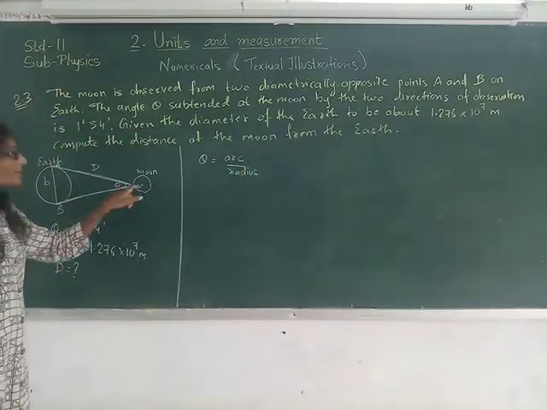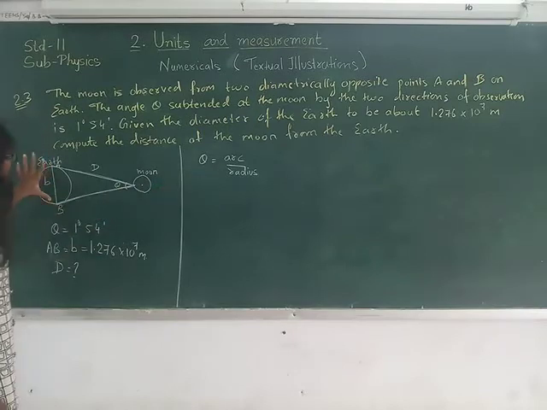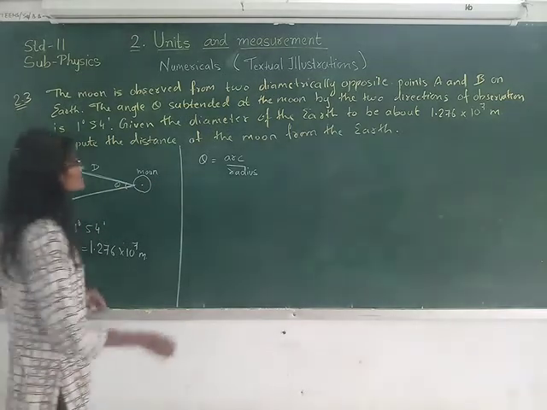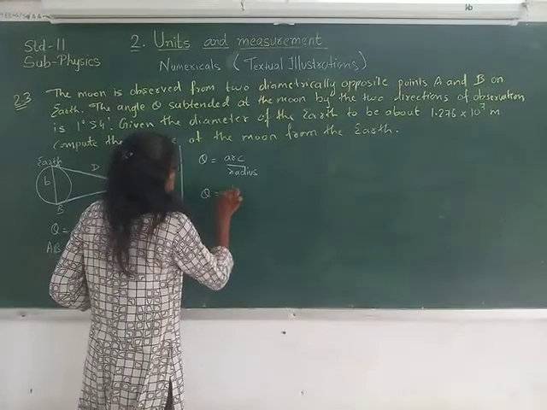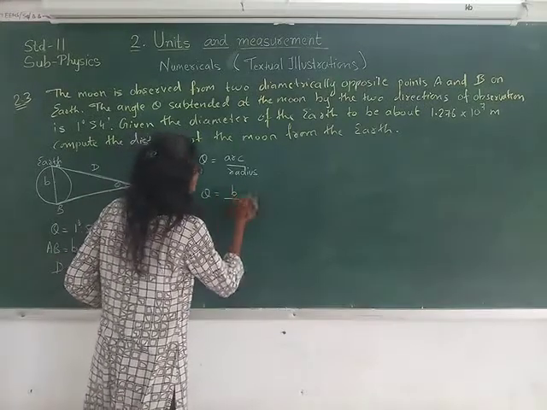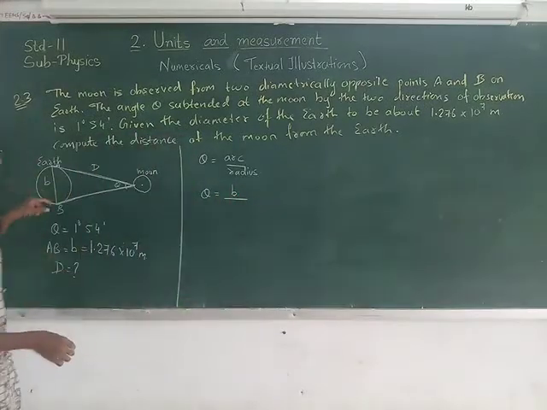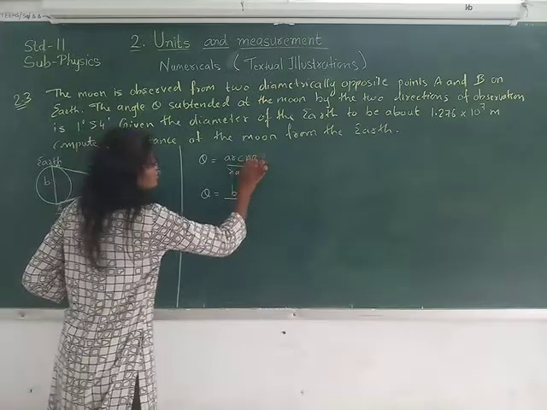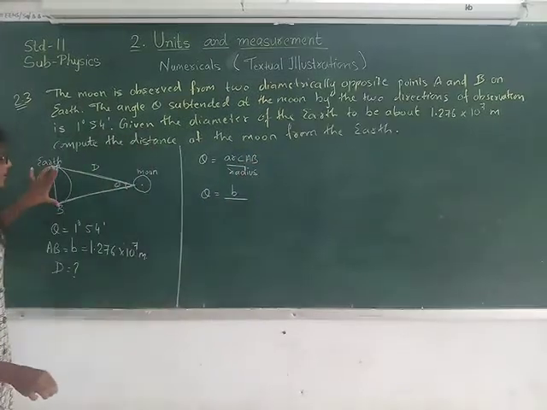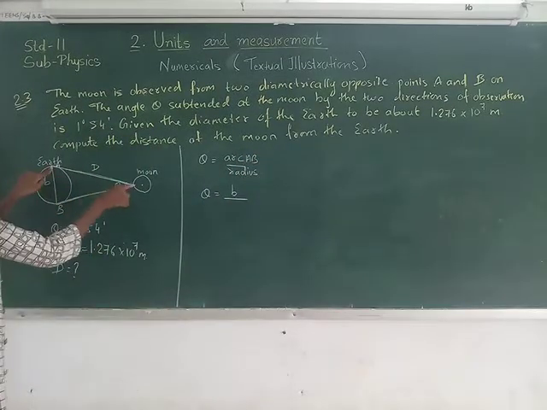So over here theta is the angle, and r is over here the diameter, that is theta equals b upon the radius.